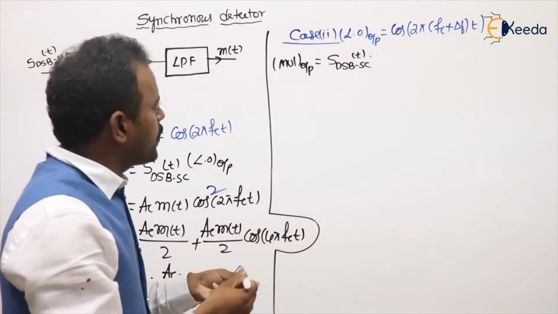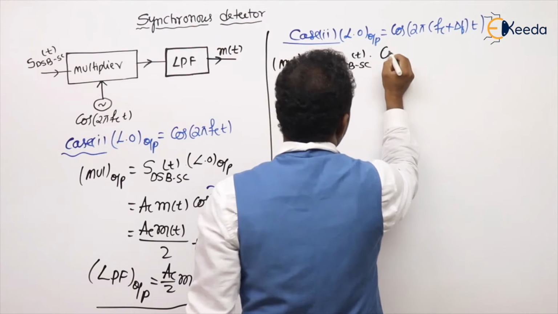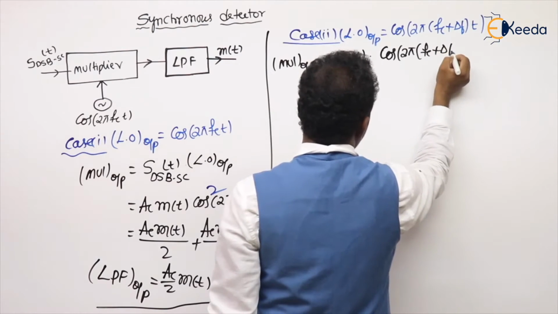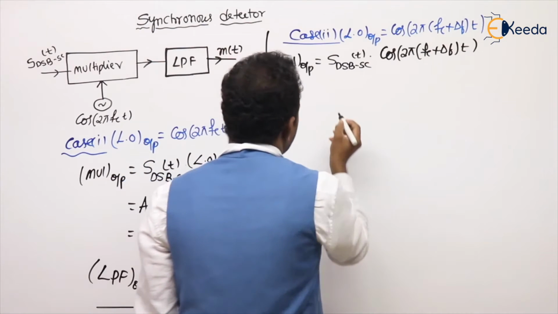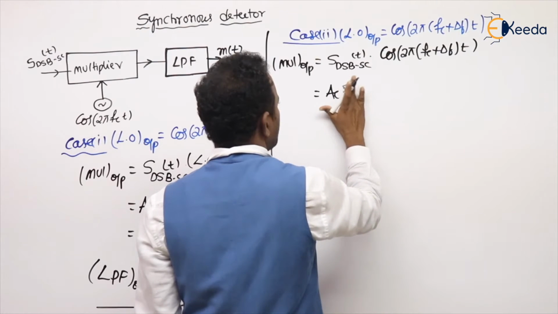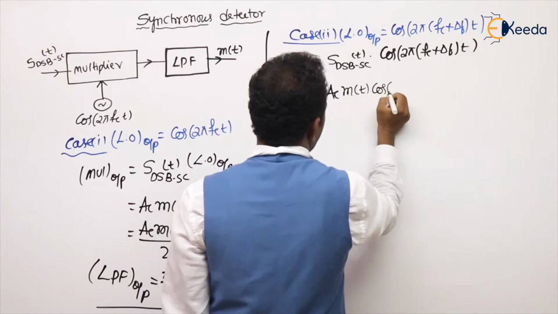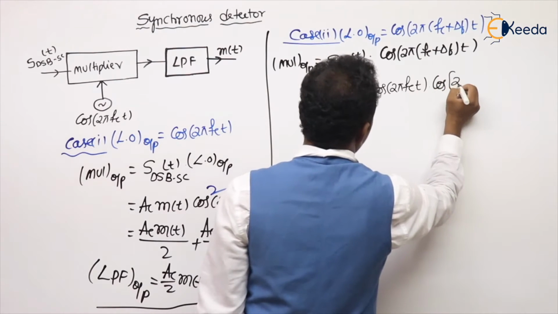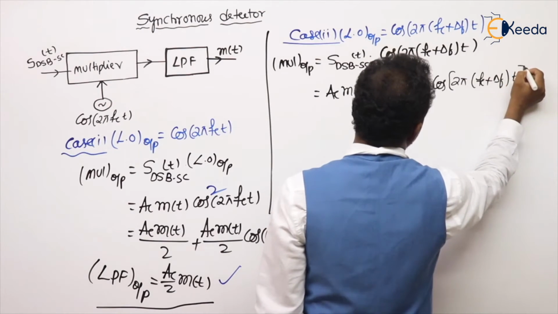Then what is the multiplier output, sir? One input is the DSBSC signal, the other input is the local oscillator output, which is cos 2π(f_c + Δf)t. Now multiply, sir. Substitute the DSBSC signal, the general expression A_c m(t) cos 2πf_c t, into cos 2π(f_c + Δf)t.